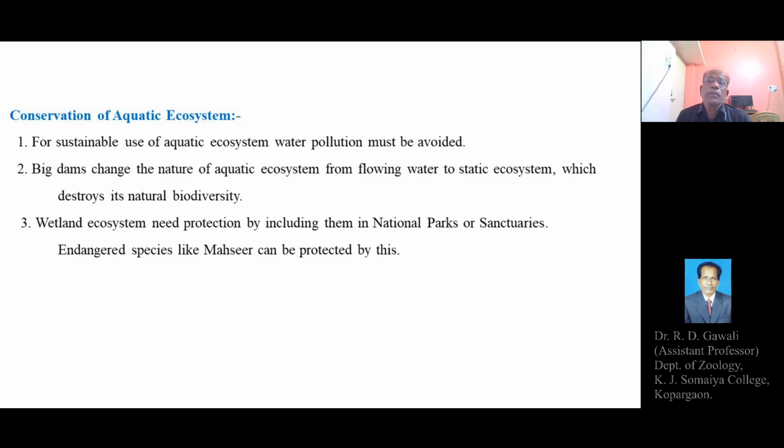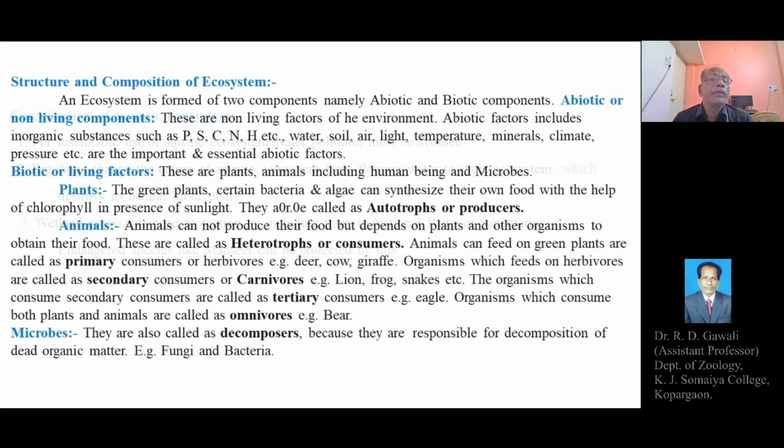Some rules or regulations can be made by the government authorities for the conservation of these aquatic ecosystems, which can be transformed into national parks or sanctuaries, and ultimately will protect endangered species like mahseer with the implementation of some sort of conservation tool. So this is what concerns the conservation of the aquatic ecosystem.